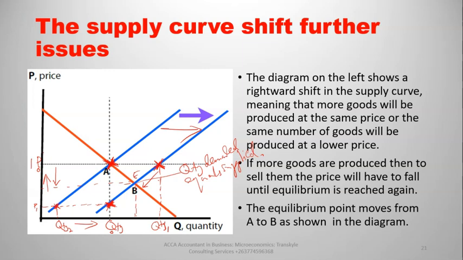So as you can see, the red line is our demand curve. And the blue one was our original supply curve, and this one is the new supply curve. So you can see that originally the supply curve and the demand curve were meeting at point A, which means the quantity demanded was Q0, as you can see there, as well as the quantity supplied was at that level.